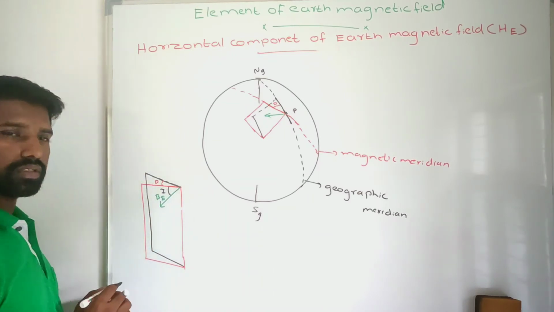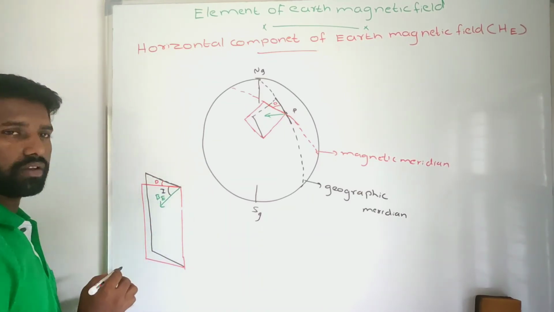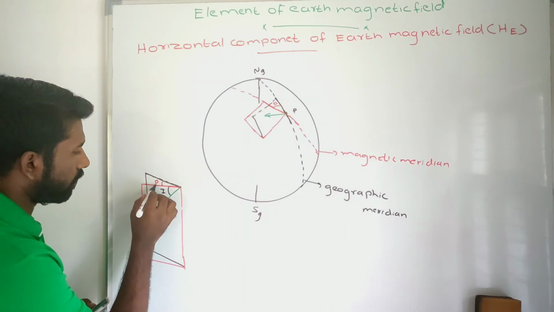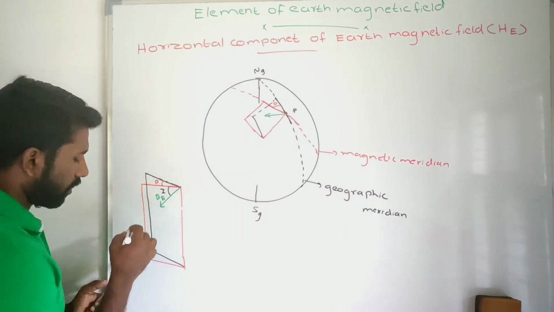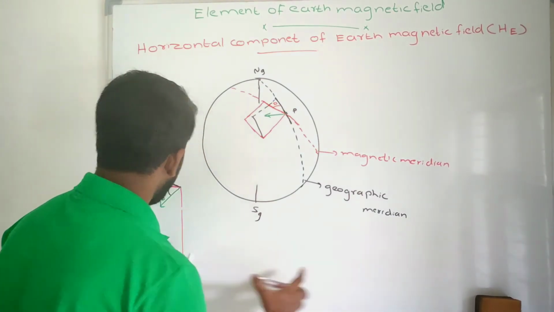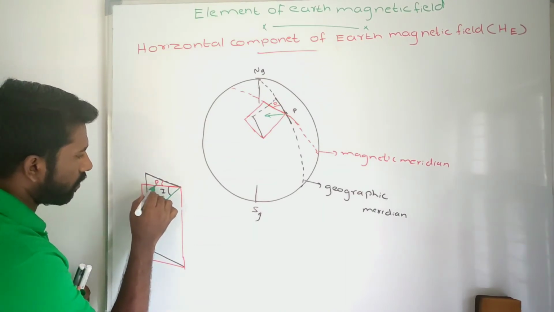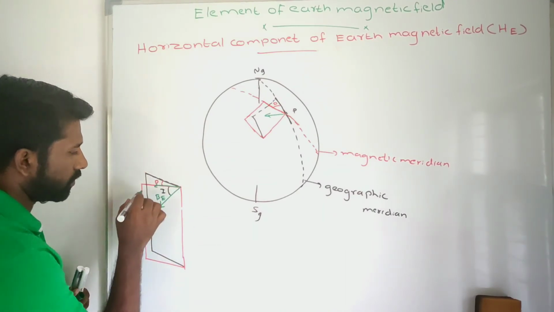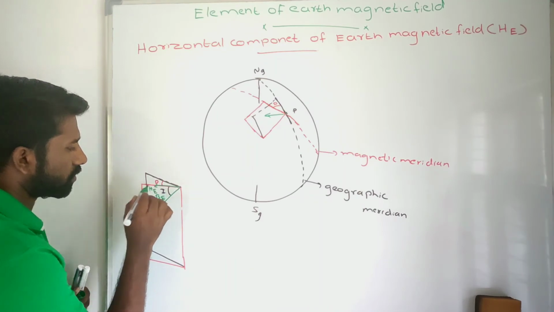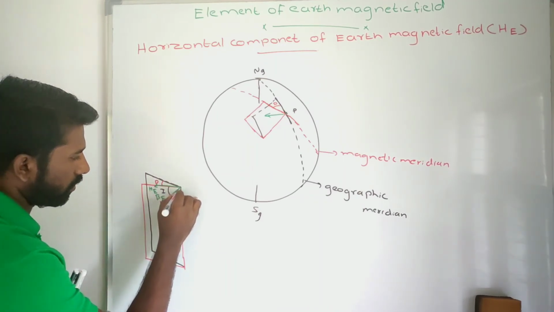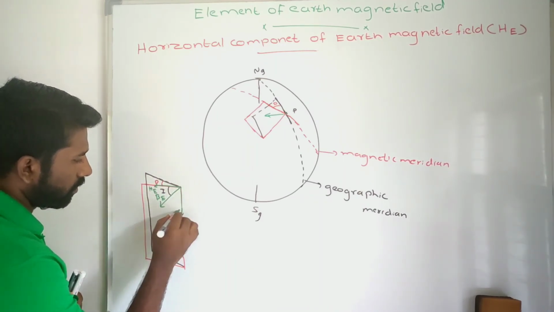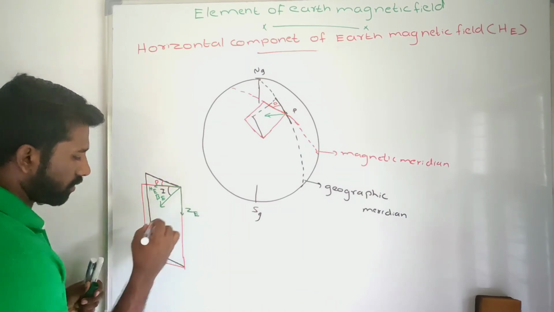Based on this angle of inclination and the magnetic field, I can split this magnetic field into two components. One component is along the horizontal direction, represented as H, and another is a component in the vertical direction, that is Z.